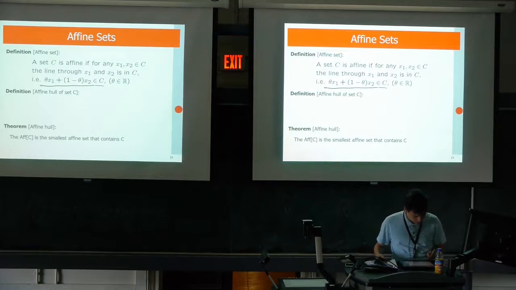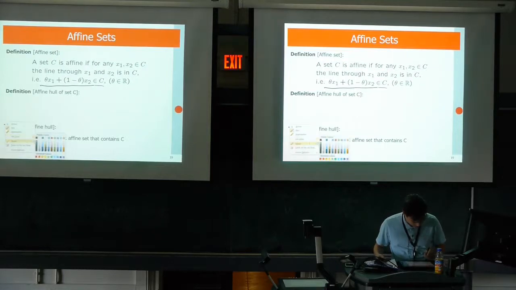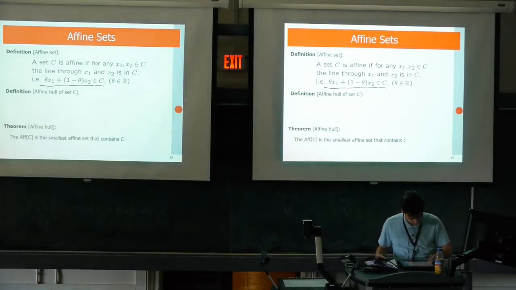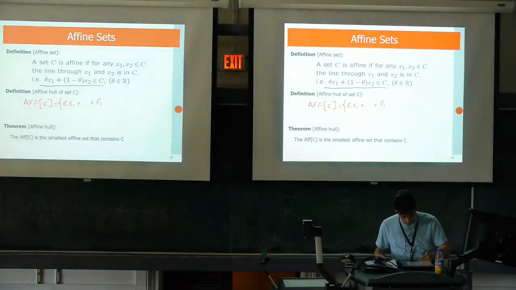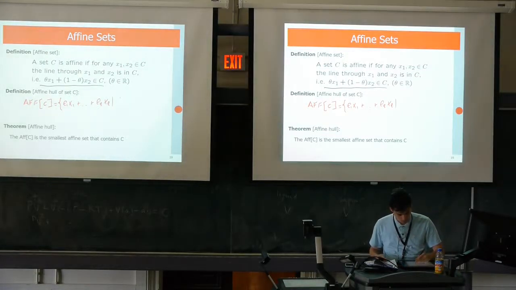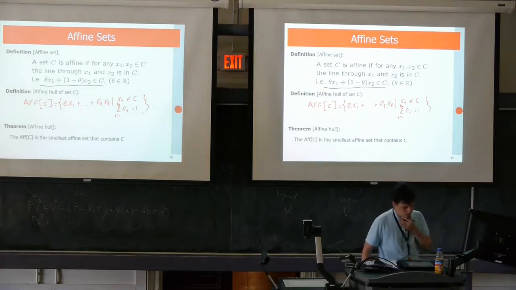We can define the affine hull of C as the set of linear combinations theta 1 x1 and so on up to theta k xk, where all these xi points are in set C, and we have the constraint that the sum of these thetas is 1. And the affine hull is the smallest affine set that contains C. That's a theorem.